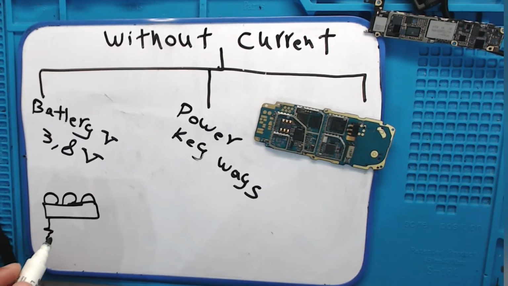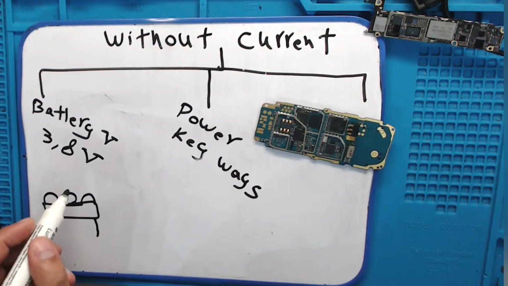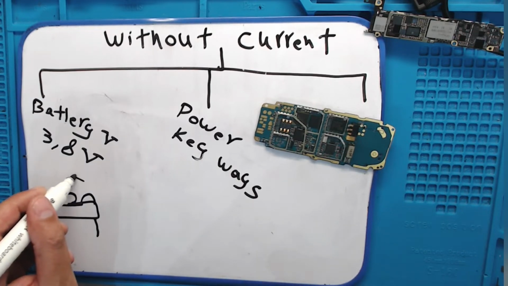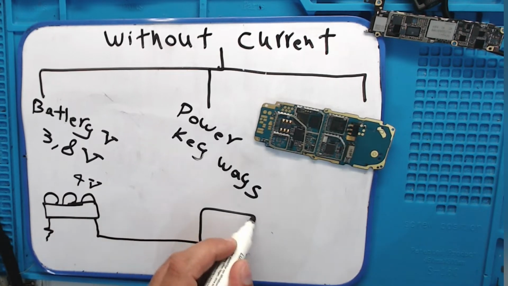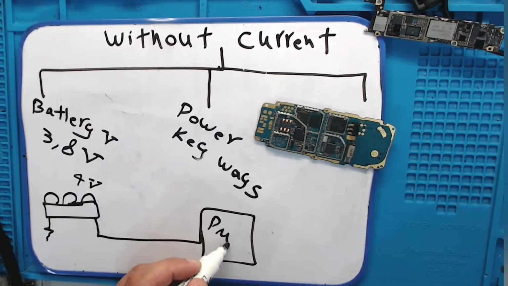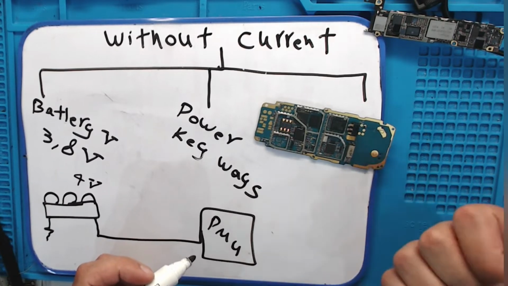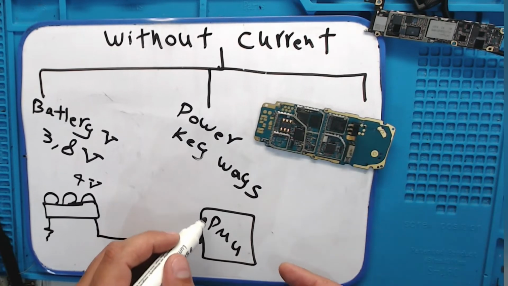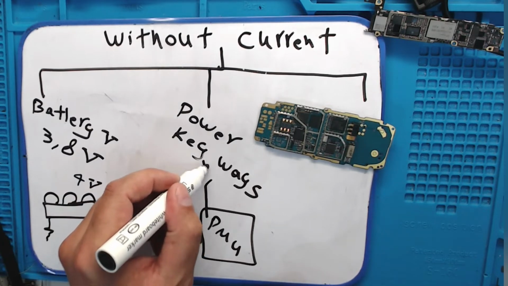One side is negative, ground or earth. One side is positive. For example, the battery has 4 volts voltage, directly comes to the PMU, power management unit. Before pressing the power button, the power management unit only delivers 1 voltage to the power key. That is the power key.